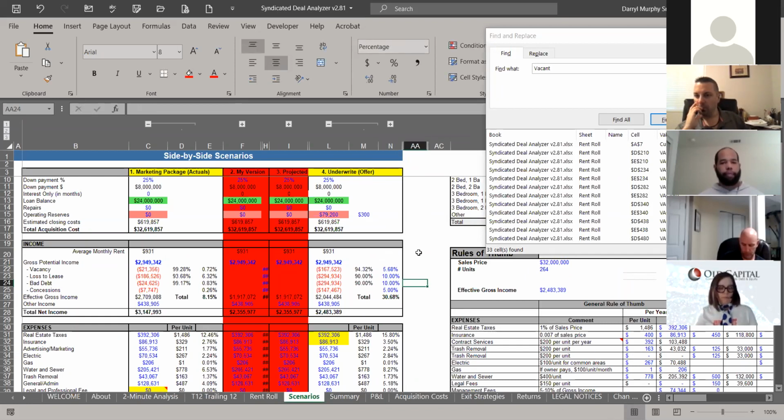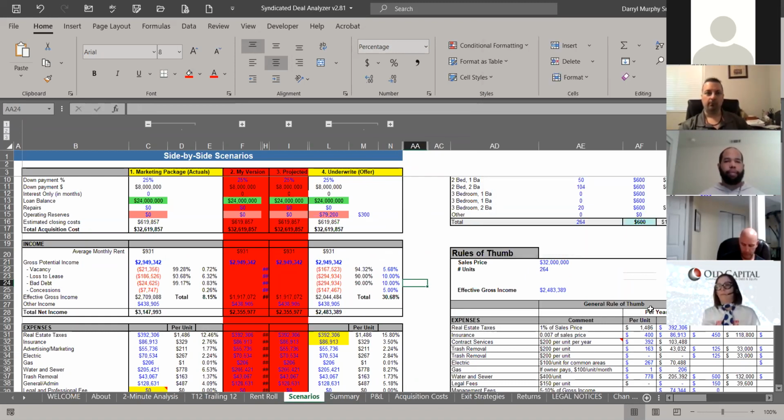Okay. So your vacancy rate, now we're talking about underwriting. Although your rent roll says 5.68, you have to find out what is the market vacancy rate.